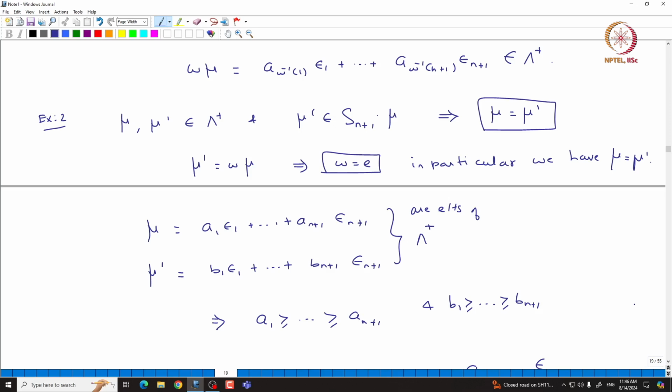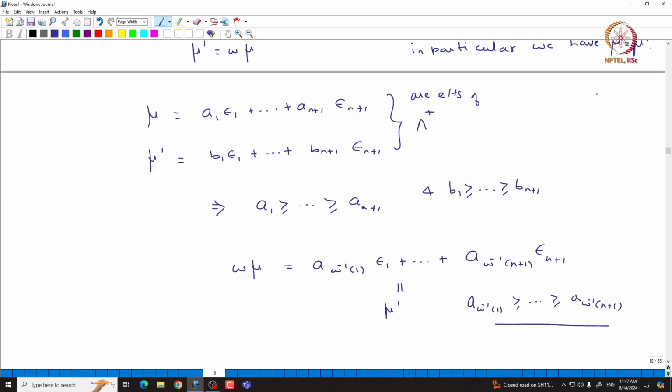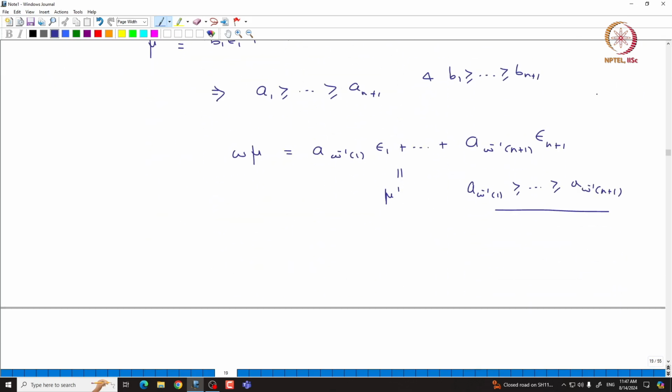Okay. But it is actually not hard to see even without this claim. Okay, one can get what we wanted as long as your mu dash is inside the orbit of mu. So, if mu and mu dash both of them are dominant, then that will force that mu equal to mu dash. Okay. So, I will leave it to you to think about it.